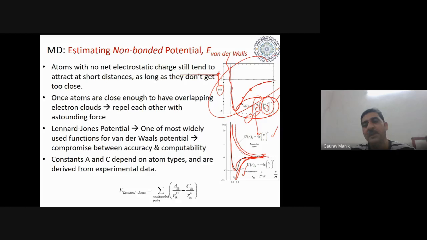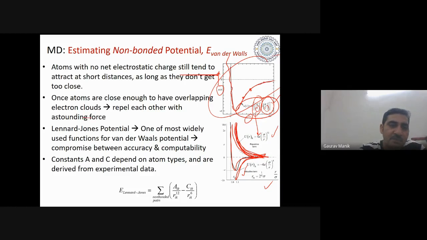The attractive part is primarily coming because the nucleus of one atom attracts the electrons of the other atom, and the repulsive term is coming because of the repulsion between the two nuclei, and also between the electrons of the two atoms. So this is how the Lennard-Jones potential comes out.